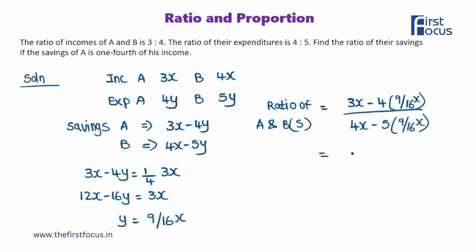On taking LCM, we get 48x minus 36x is equal to 12x divided by 16, divided by 4 into 16 is 64, 64 minus 45x divided by 16, that is 19x divided by 16. So we get 12 by 19, and the ratio of their savings is 12 is to 19.